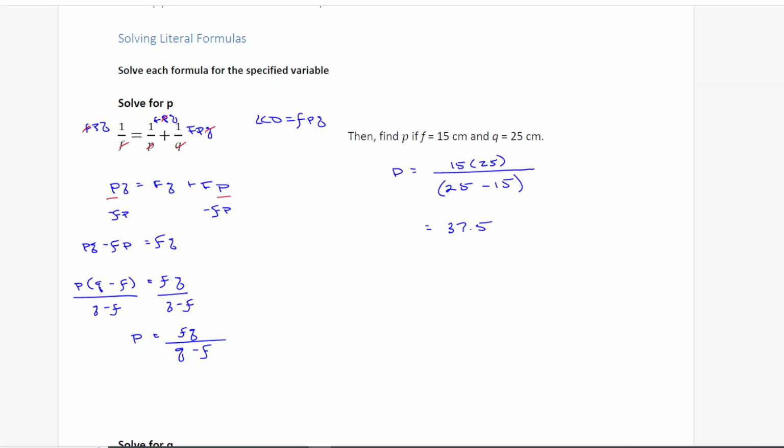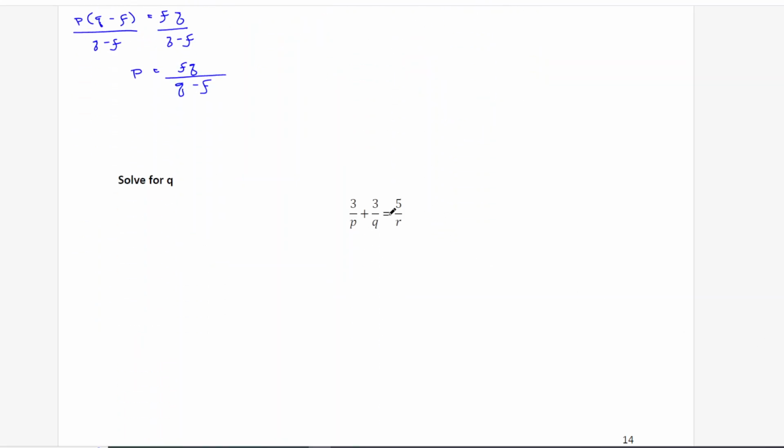It's very similar to the one we just did, except I've put new numbers into my numerator. So can you take this equation and solve for Q? Well, the first thing is that my lowest common denominator is PQR. So I'm going to multiply every single term by PQR. And then I'm going to look to see what destroys.